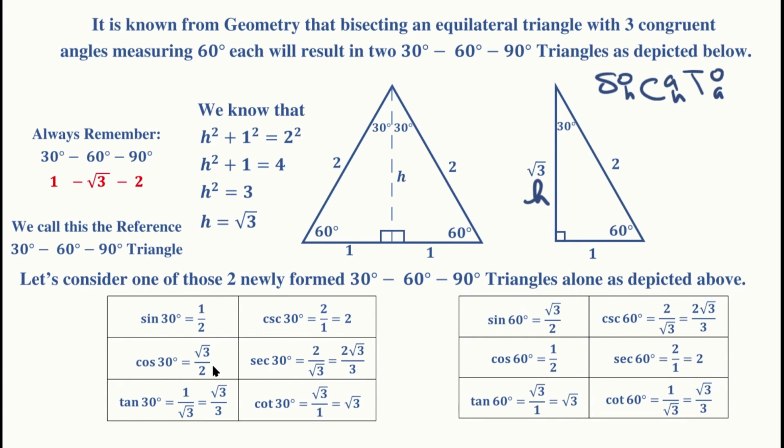Secant of 30 you can get by just reciprocating cosine, which gives us 2 over radical 3, or you can just do hypotenuse over adjacent. So 2 over radical 3. And if you rationalize that by multiplying top and bottom by square root of 3, you get this form. The cotangent of 30 will be square root of 3 over 1, which is just the reciprocal of the tangent, which is just square root of 3.